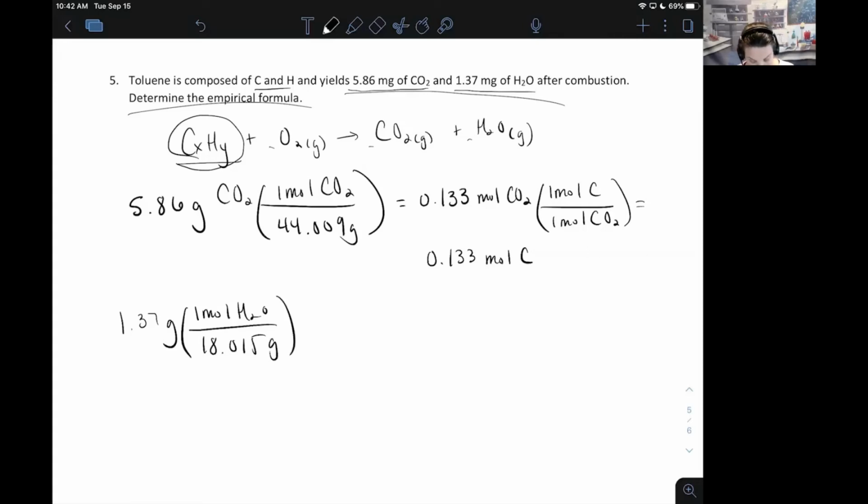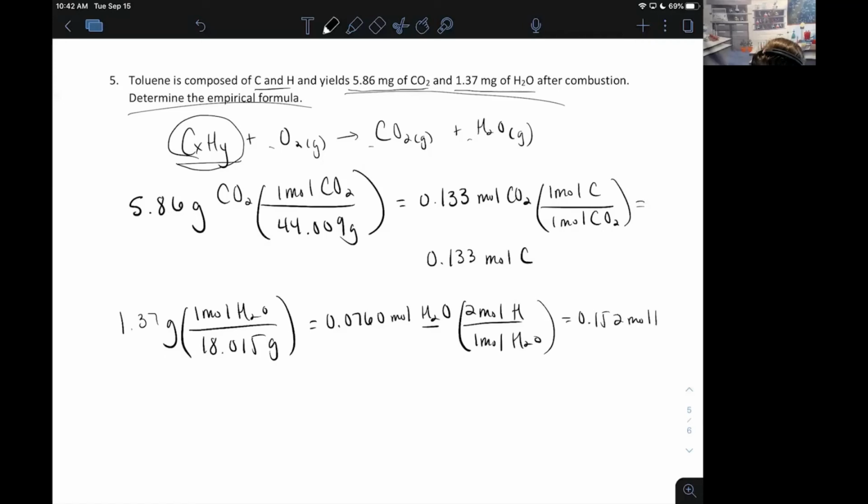So we take our 1.37 divided by our 18.015, giving us 0.0760 moles of water. And then for every 1 mole of water, there's 2 hydrogens. So we produce 2 moles of hydrogen, giving us 0.152 moles of hydrogen. Our moles of carbon are smaller, which makes sense.